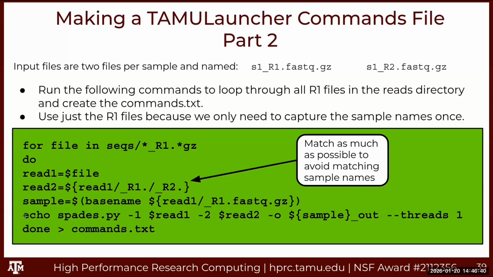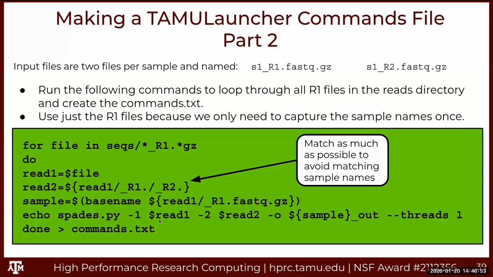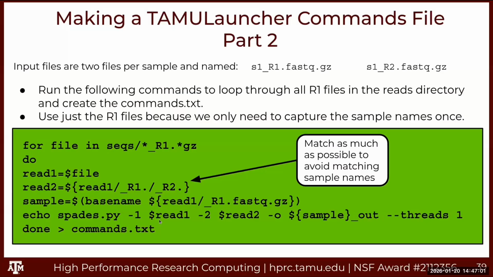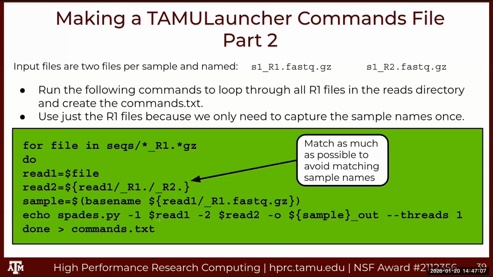This is where you're actually going to echo the spades command. So echo spades.py -1, it's going to be read1, and -2, read2, -o, this is the output directory, sample.